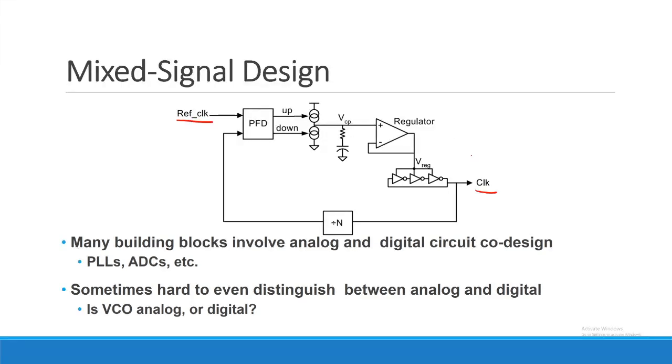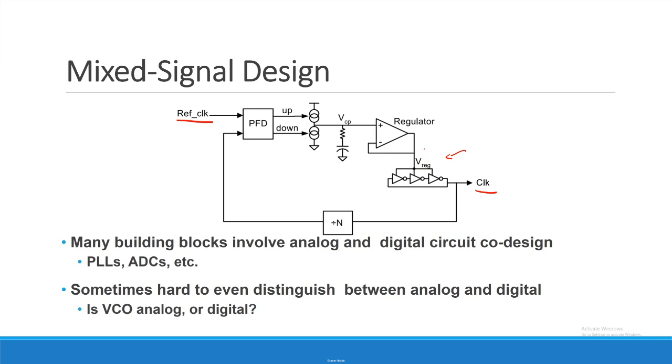The key point is that sometimes it's not even clear what's analog and what's digital. Here, maybe the way I generate that new frequency is by changing the supply voltage of some ring oscillator. If I ramp the supply voltage, the thing goes faster. So now here's the quote-unquote $1,000,000 question: is this circuit here analog or digital?